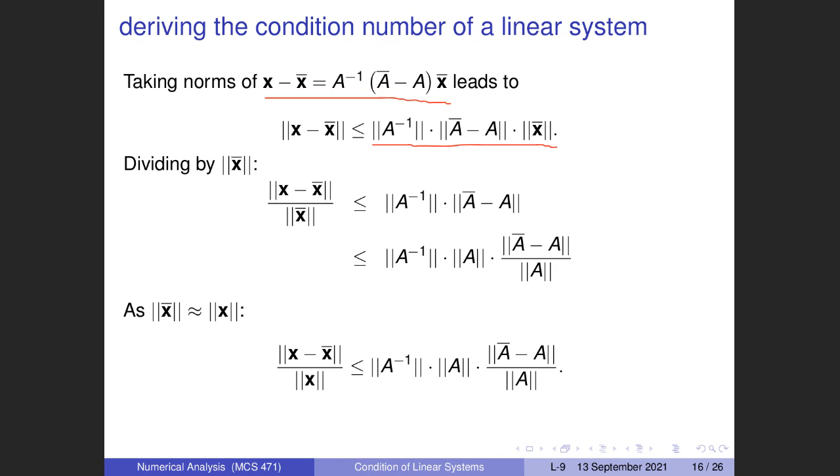So we can then divide by the norm of the computed solution to get the relative error on x, and then also the relative error on the coefficient matrix. So this gives us a very useful upper bound already. In the process, our errors will always be moderate.